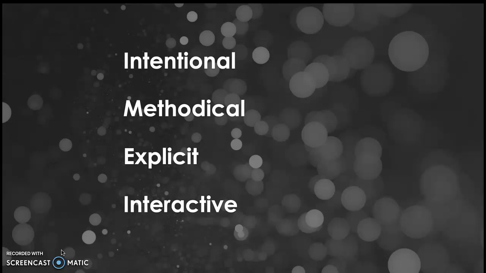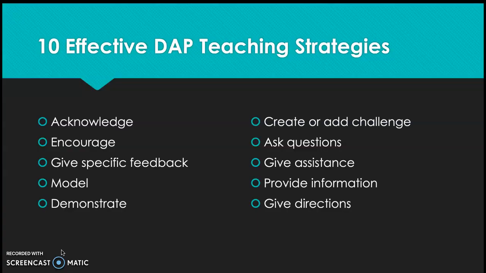And we have to be interactive, allowing for a back and forth or an all around with children, where we are beside them and with them, not talking and teaching to them. And that brings me to this next point.